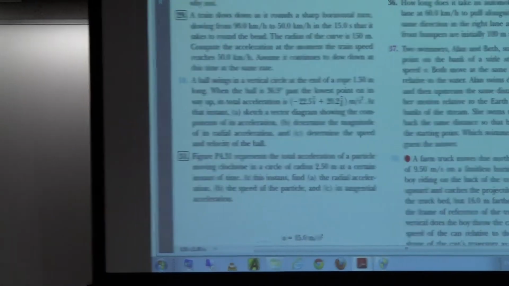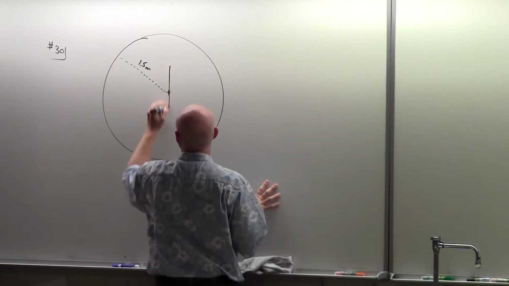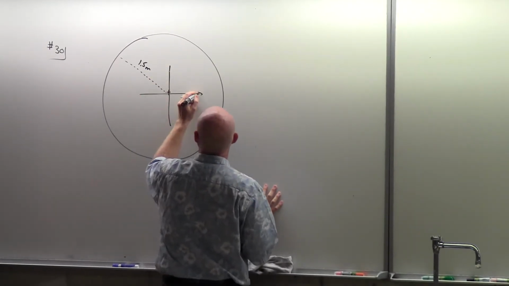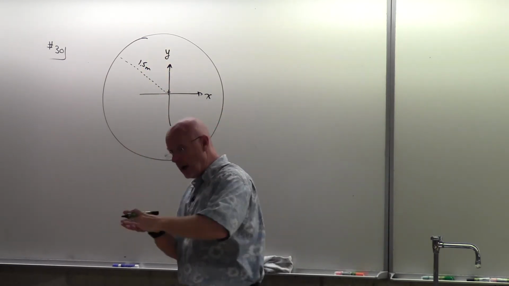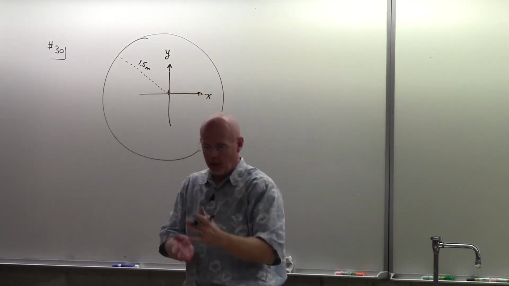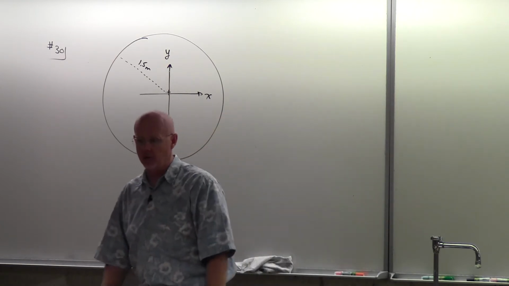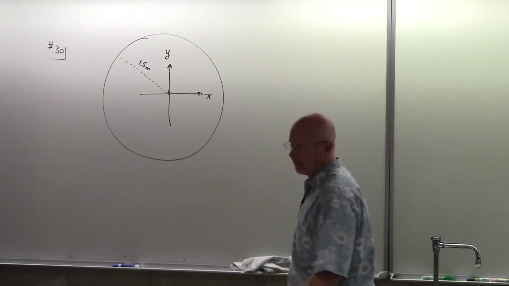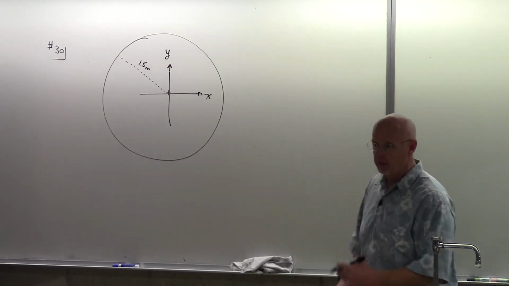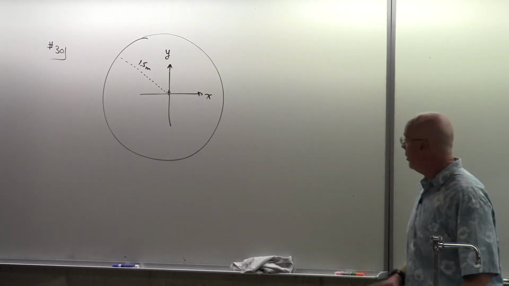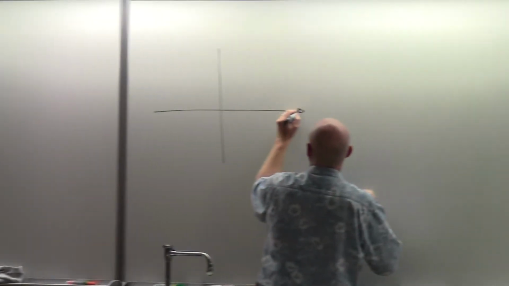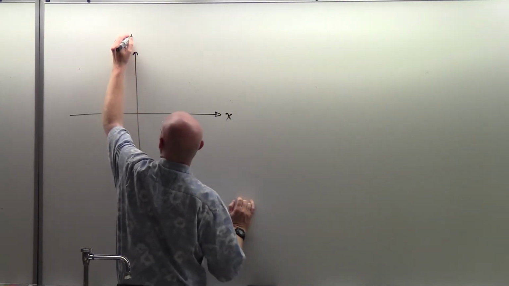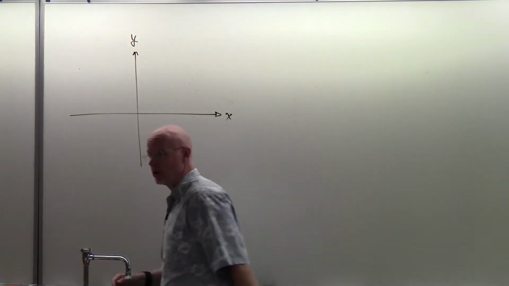Now they didn't give me a picture to work with, so I'm going to assume that they're talking about the traditional grid where y is positively up and x is positive to the right. I don't think they meant to change that. Here's why, and let me draw the x and y coordinate grid outside of that picture for just a second.